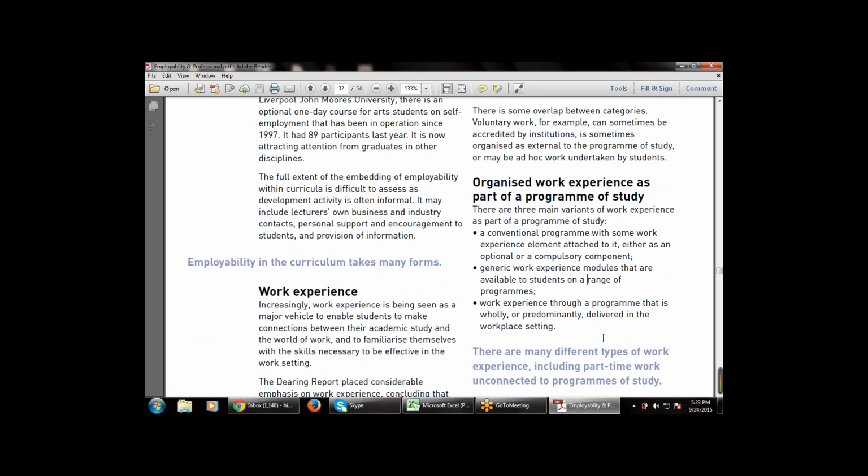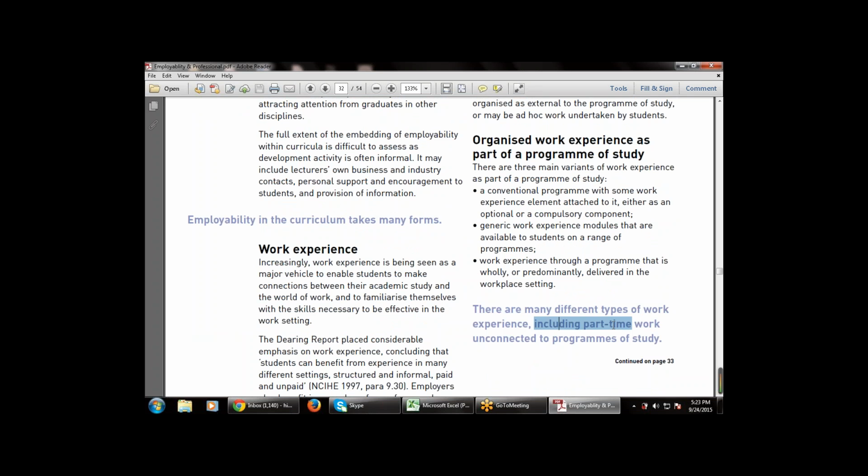So there are many different types of work experience, including part-time work that is unconnected to the program of study.